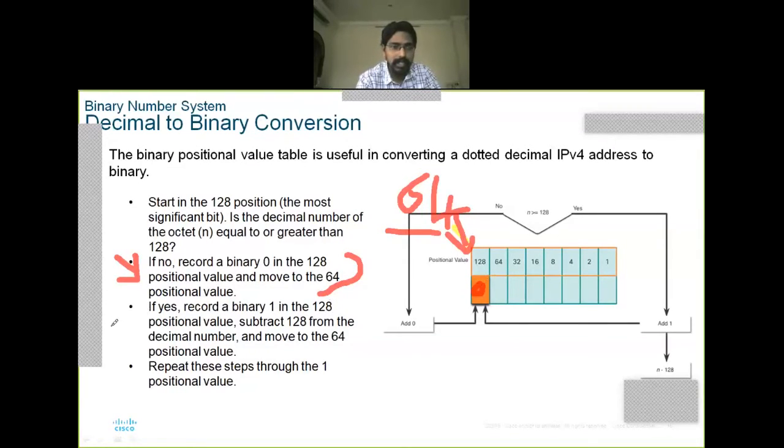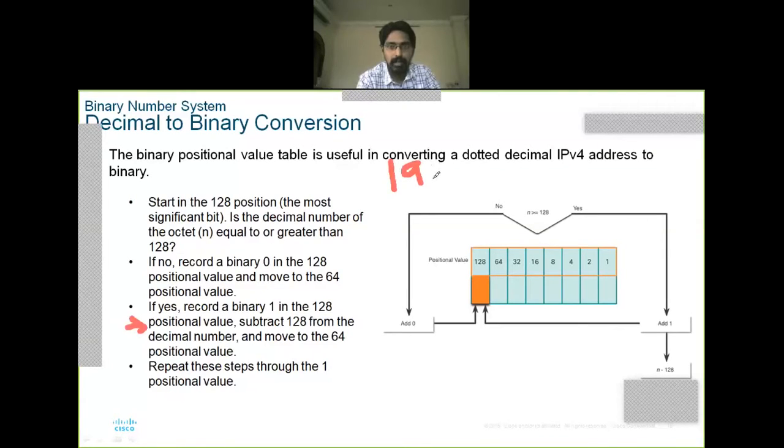If the condition is yes, for example my given input number is 192, then what happens? You compare: is the given input number equal to or greater than 128 or not?